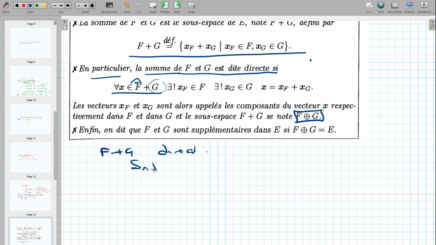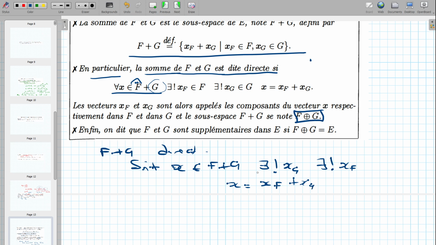It's going to be direct if soit x, an element of F plus G, where F and G are two subspaces, then we can find a unique xG, and then we can also find a unique and seul xF, such that x is equal to xF plus xG.